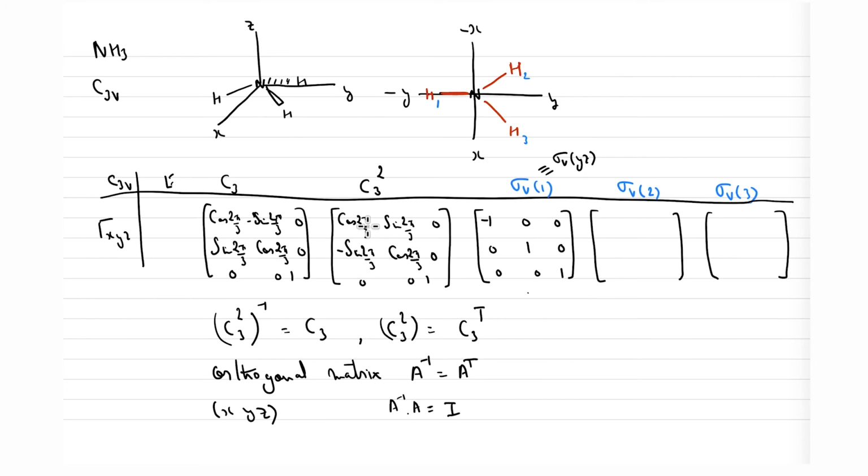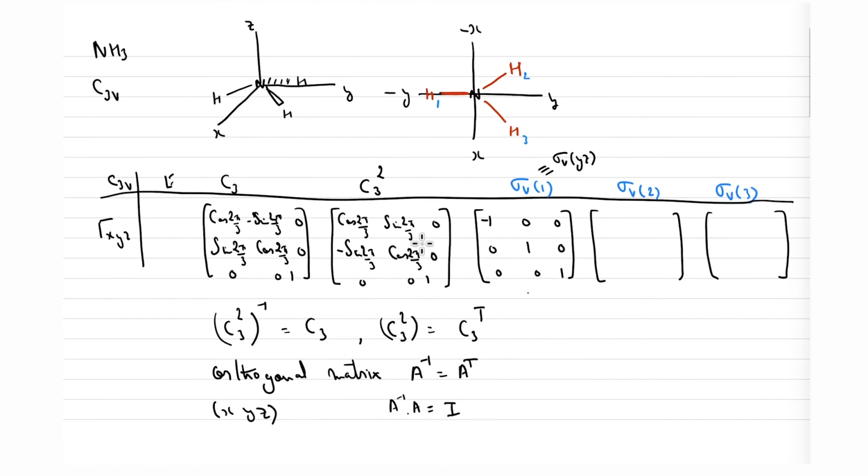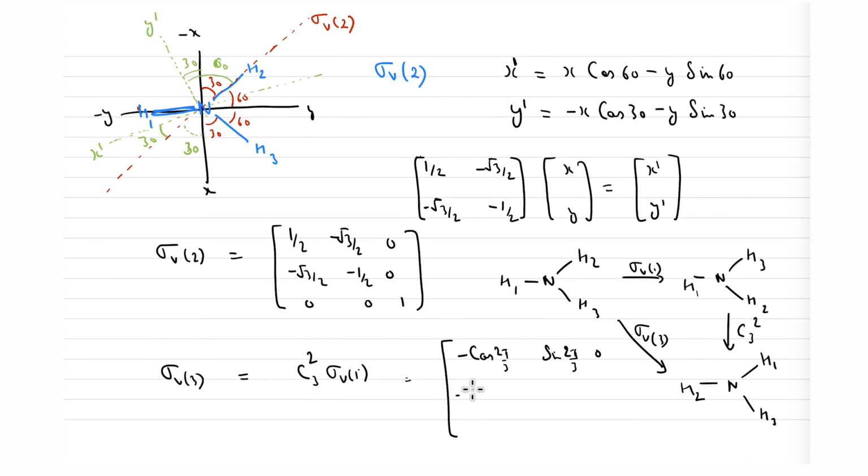Basically, cos 2 pi by 3 will become negative, so it is easier to now write. We have this matrix as cos 2 pi by 3, sine 2 pi by 3, 0, and then we had C3 square as minus sine 2 pi by 3 here, minus sine 2 pi by 3, cos 2 pi by 3, 0, 0, 0, 1, right?